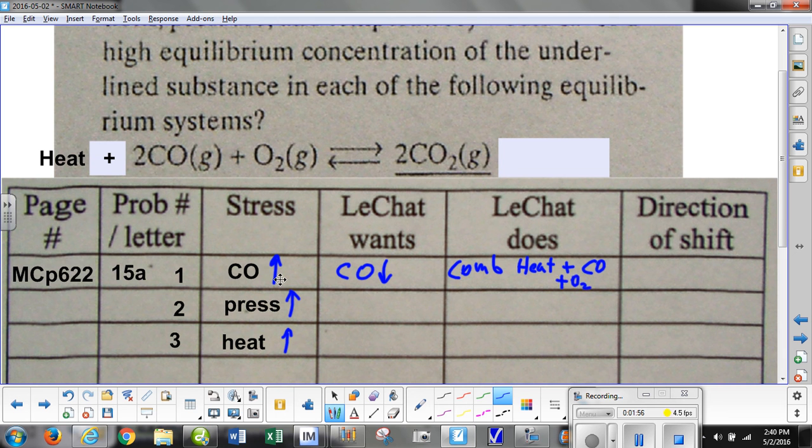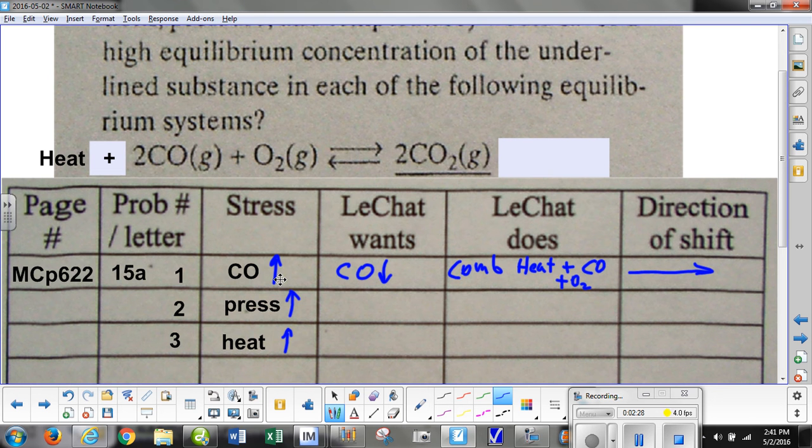He's going to put all those guys together to make the CO2, and in which way is he going to have to shift to do that? Okay, if he shifts to the left, he's going to go from carbon dioxide to making oxygen and CO and heat. Is that what you want to do? Okay, so which way would you shift? Okay, and that's what Le Chatelier wants to do. That is exactly what he wants to do.